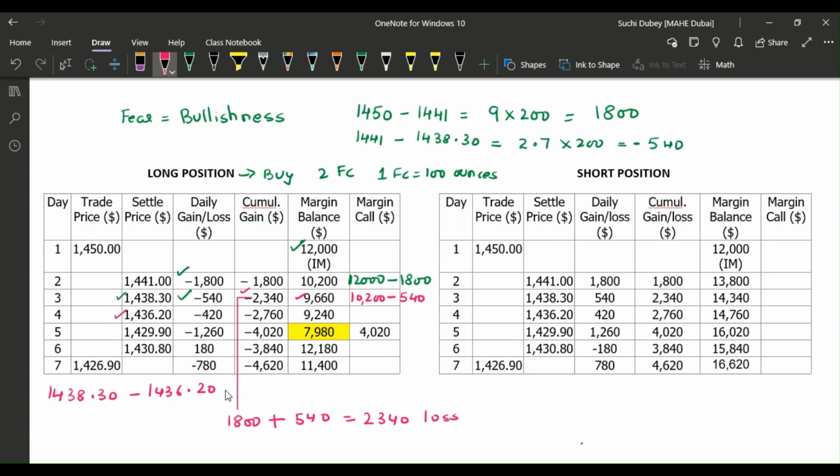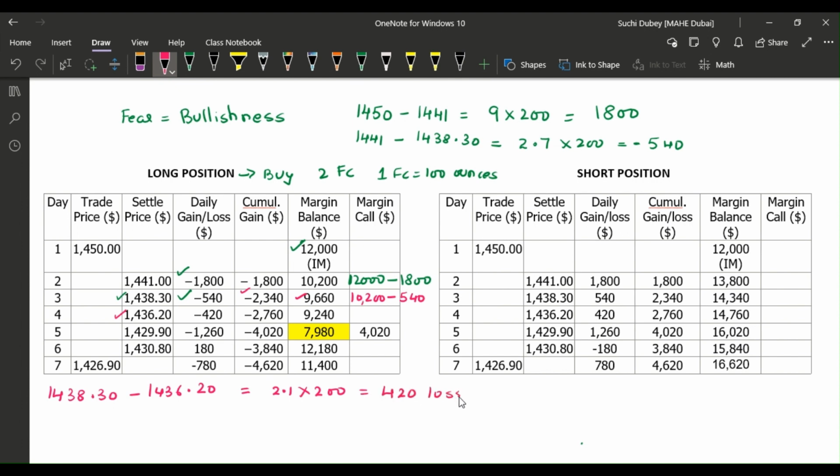What is the price now? 1436.20. If you equate it, let me just clean some area. So the difference that will come your way will be 2.1 times again 200, and you will get your answer as 420.